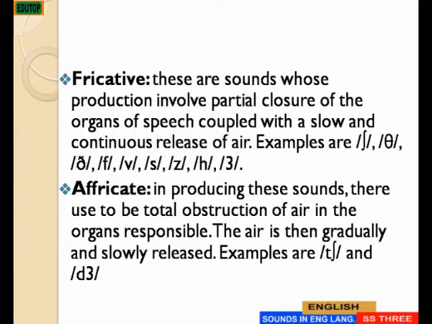The next one is fricative. Fricative sounds are produced when there is a partial closure in the organ of speech, coupled with a slow and continuous release of air. So unlike the plosive sounds, these involve just partial closure in the organs of speech responsible.